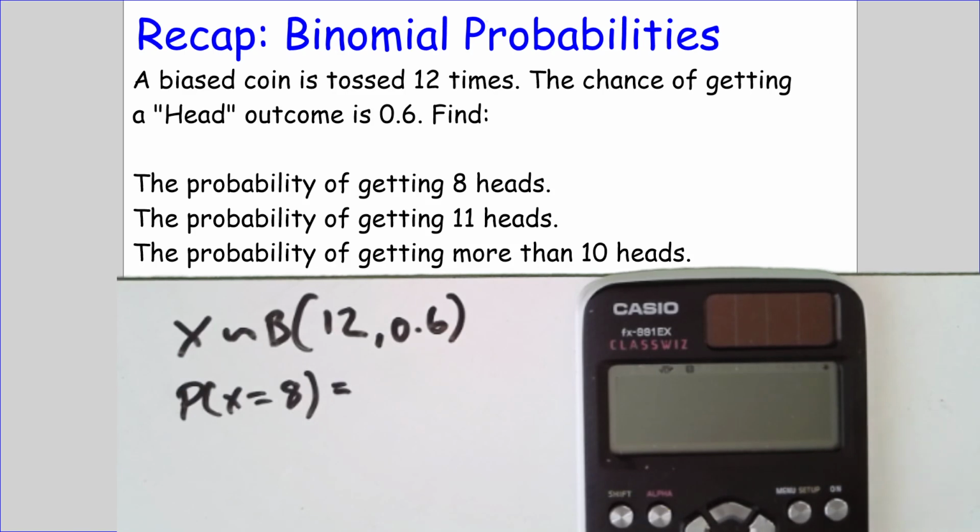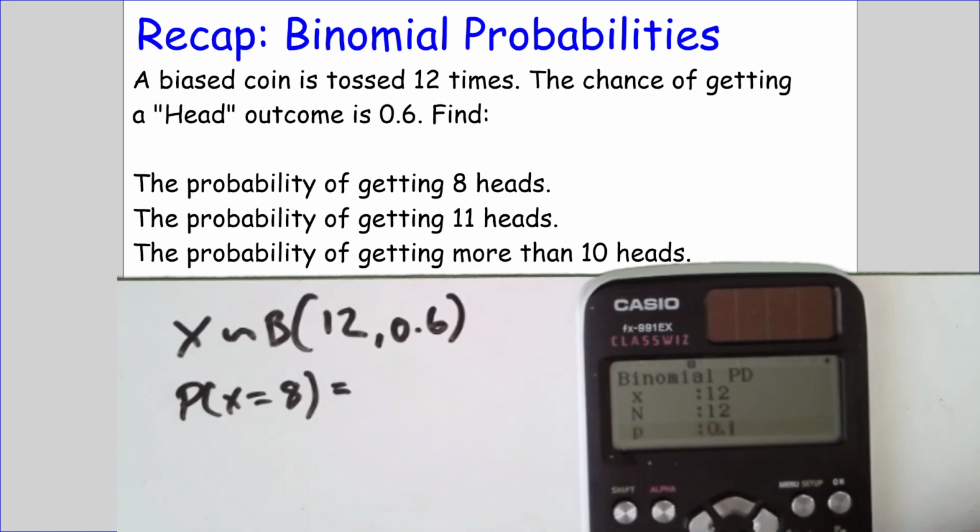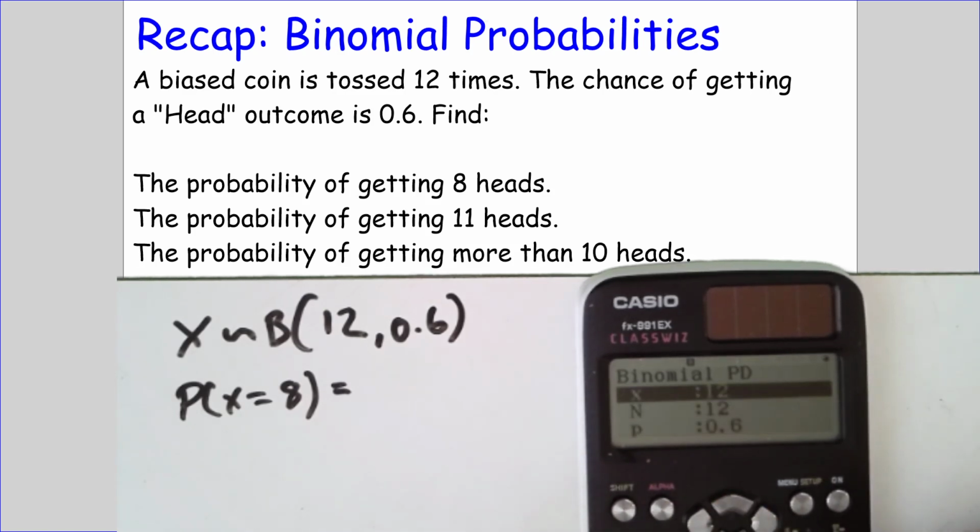So we press menu, go to distribution mode, which is mode number 7, and go on binomial probability distribution, which is 4. Variable, because we only want to find one thing. We put in 12 for n and 0.6 for p, and the value we're interested in is X equals 8. So we put in 8, 12, 0.6, and we get 0.213.